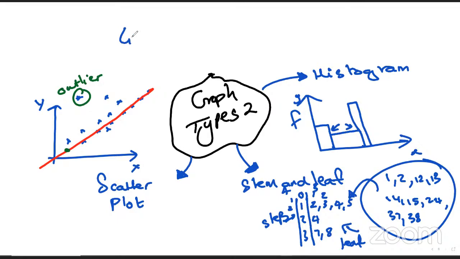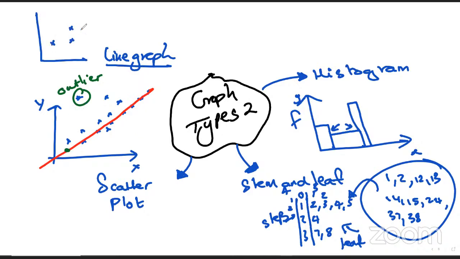Then we have what is known as your line graph. A line graph uses lines to connect data points, showing relationships between two numerical values. So instead of drawing a line through it like a scatter plot, you have certain points like this, and you connect a line through each point.